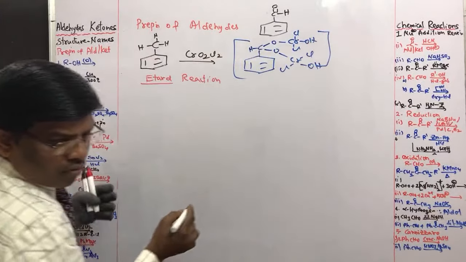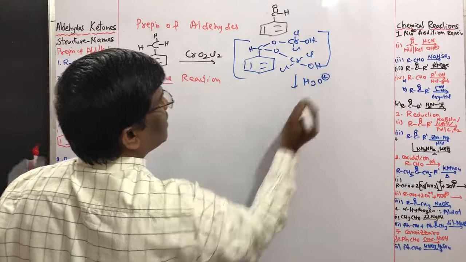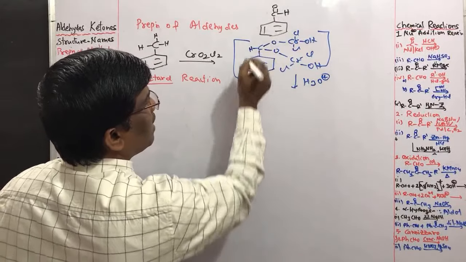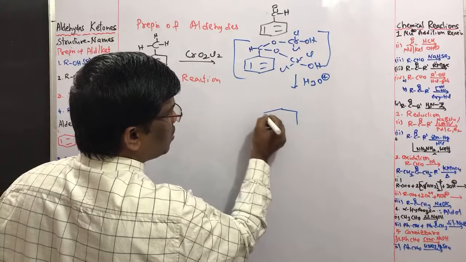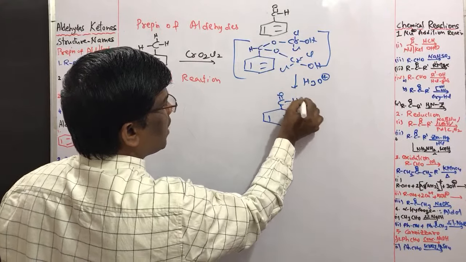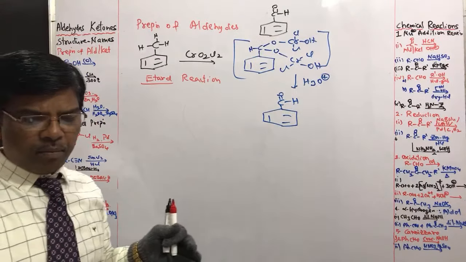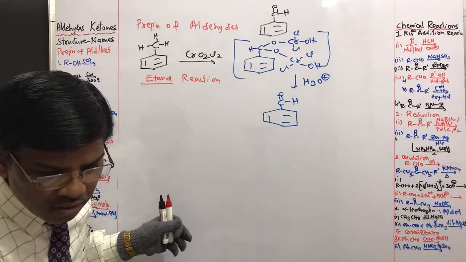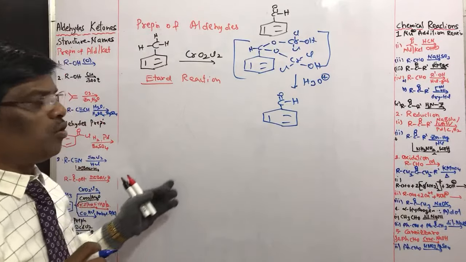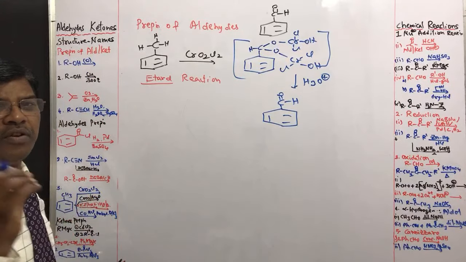When I do further hydrolysis using acid hydrolysis, it is going to break here to give chromic acid and the benzaldehyde. And these 4 methods of benzaldehyde preparation are very specific and important, and have to be remembered throughout your life, because you may get these questions during your interview also.